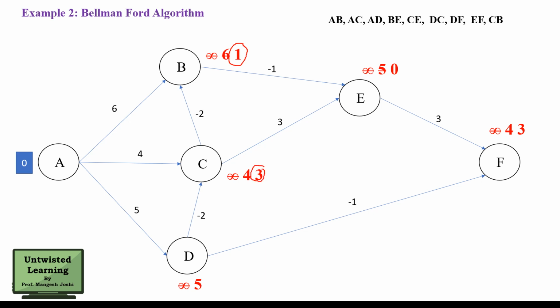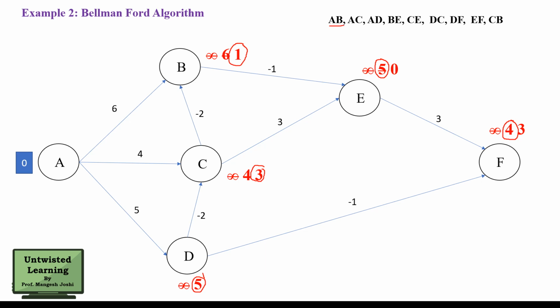This was the value I obtained after the first iteration. This 5 was obtained after the first iteration. Then in this case, this 4 was obtained in the first iteration. So iteration number two.